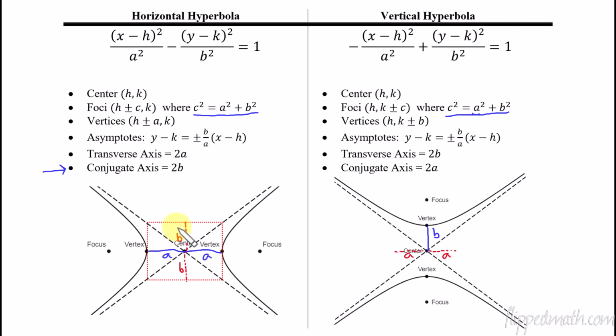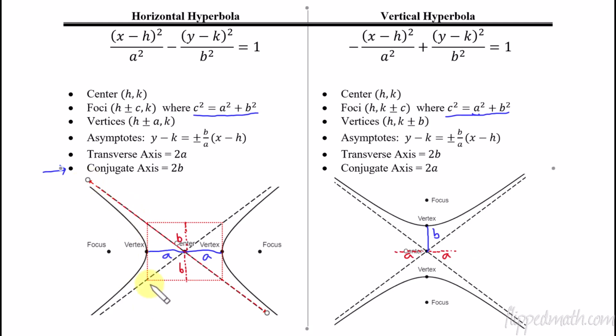Now, the reason that's so cool is because when you create this box using the a and b values, that helps you set up the asymptotes. We haven't even talked about asymptotes yet. The asymptotes go from corner to corner. Let me show you. From this corner to this corner is the asymptote, and then you just extend it out. That's what those dashed lines are for.